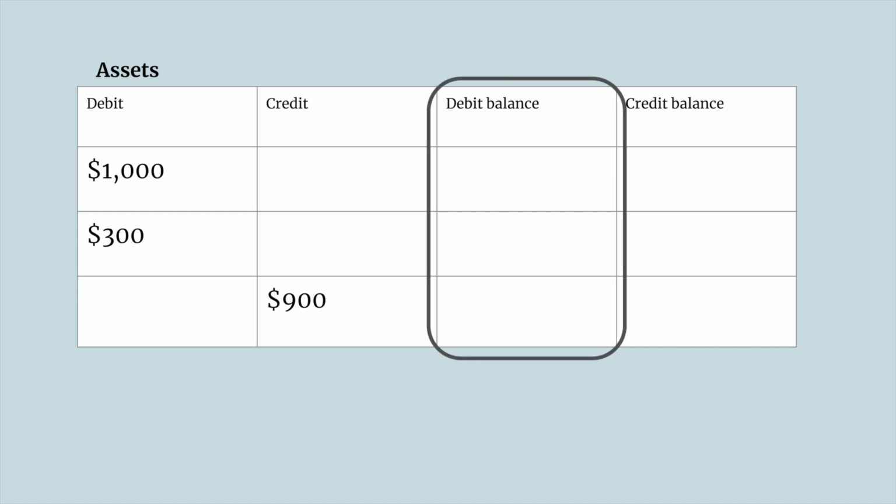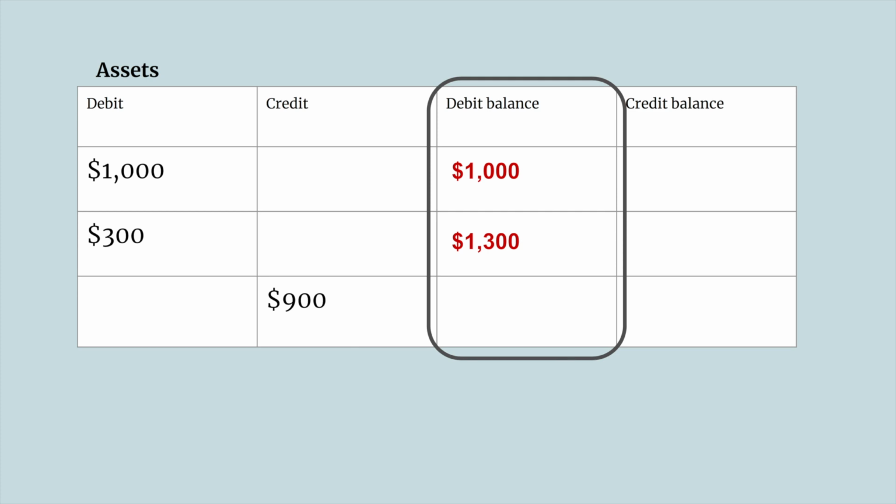So if we have a $1,000 debit, our balance is going to be $1,000, and this should remain in the debit column because that's the nature of assets. So we're going to have $1,000 over here. And then we have another transaction for $300. Now, because that is a debit, we are going to add that number in to make it $1,300. Now, our next transaction, we have a credit for $900.